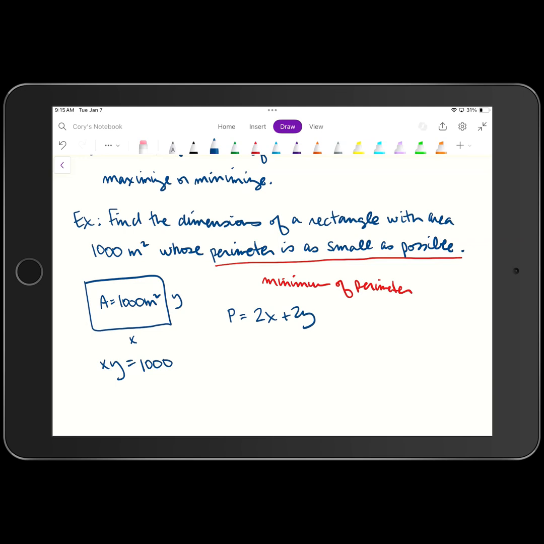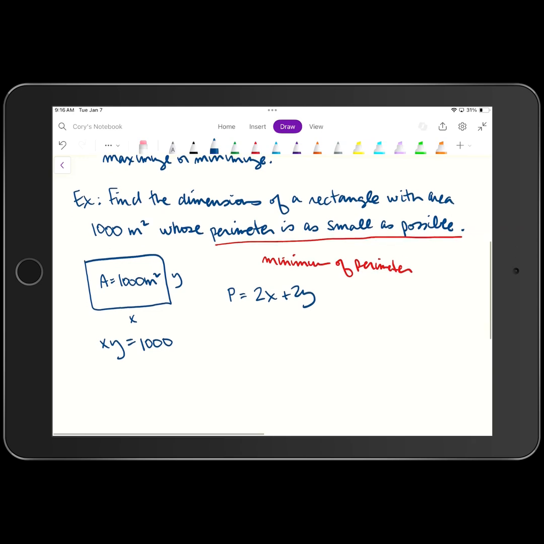Now, the issue that we have here is we have perimeter written in terms of two variables. And if we want to minimize perimeter, we want to get it written in terms of a single variable so we can take the derivative of that function and figure out where that derivative changes sign from negative to positive.